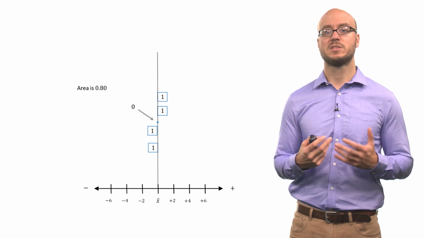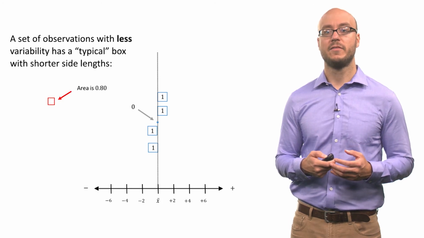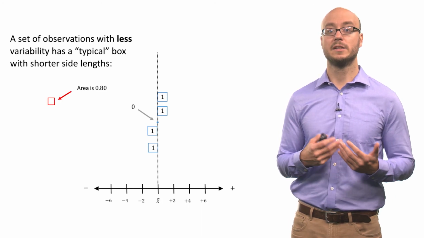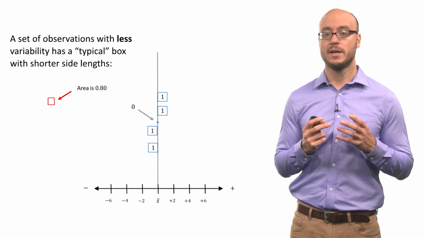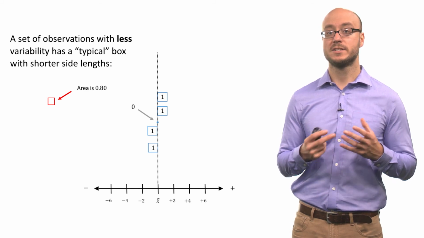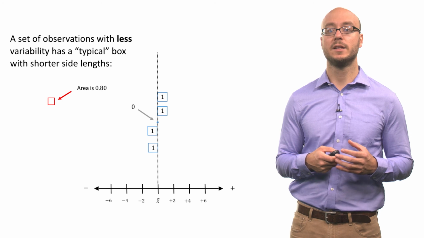So in many ways, the variance and the standard deviation are quite equivalent. But we like the standard deviation because it's based on the underlying units and not the unit squared, in contrast to the variance. So if we look at a data set with smaller variability, the variance will have a lower value, and in a similar way, the standard deviation will also have a lower value.